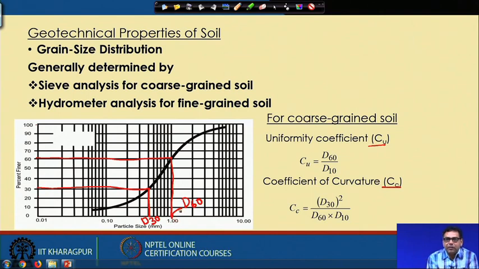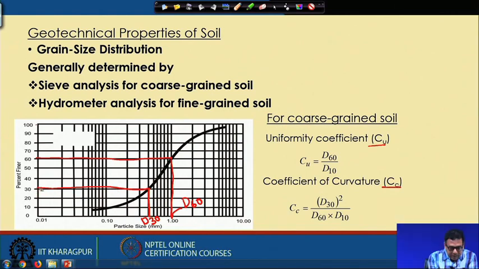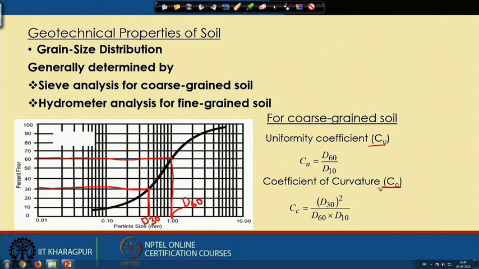Then 60% of the particles present in the soil are finer than 1 millimeter. That is termed as D60. Similarly for D30, that means 30% of the particles are finer than that particular particle size. Similarly, you will get the coefficient of curvature, that is Cc equals D30 square by D60 into D10.